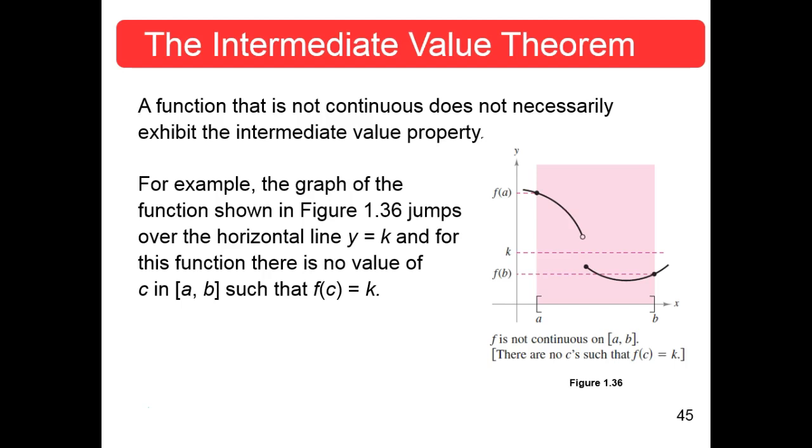A function that is not continuous does not necessarily exhibit the intermediate value property. Okay? Here is a function defined everywhere from a to b. Okay? F of a is up here, f of b is down here, just like we had before.